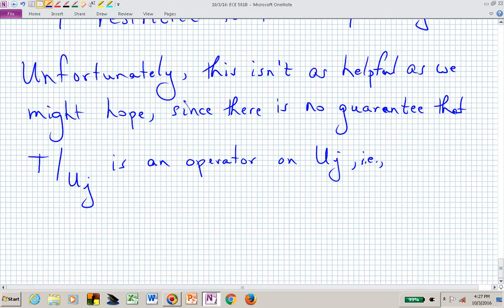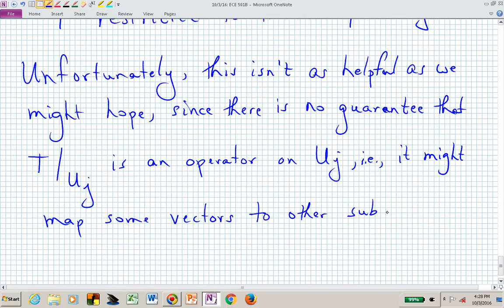By that I mean, as a linear map, it might map some vectors that start in U sub j out of U sub j. It might map some vectors to other subspaces.